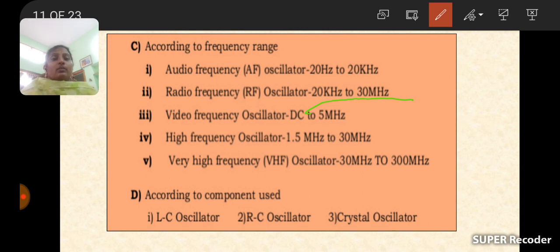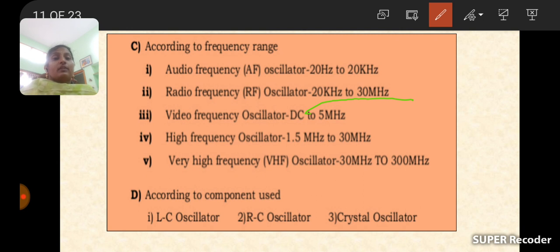And while coming to the next one, video frequency oscillators. These are used to produce oscillations up to 5 megahertz. Very less frequency. Okay. And the next one, the high frequency oscillator. It produces oscillations having frequency of 1.5 megahertz to 30 megahertz.